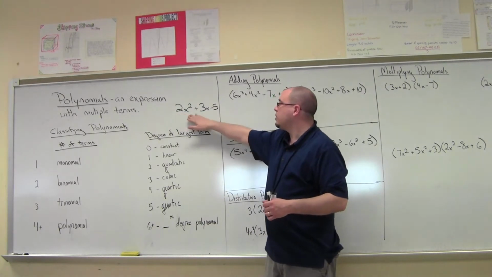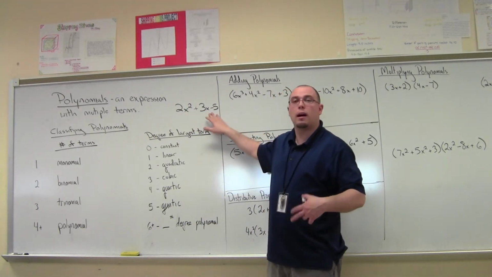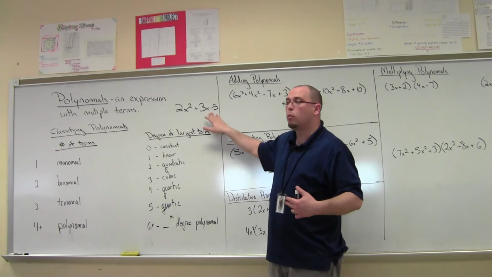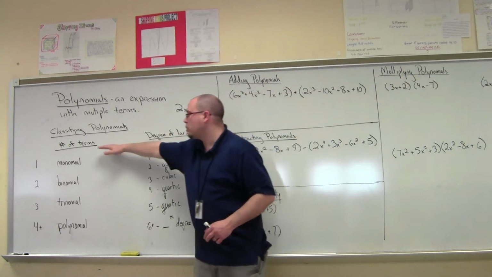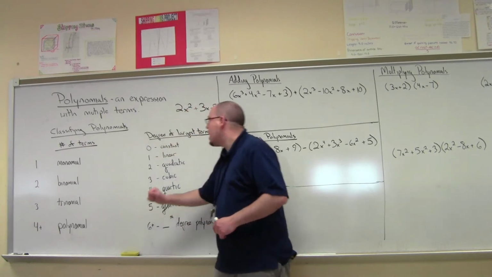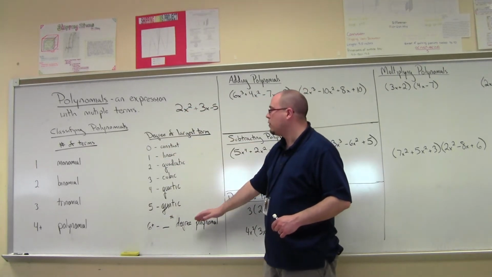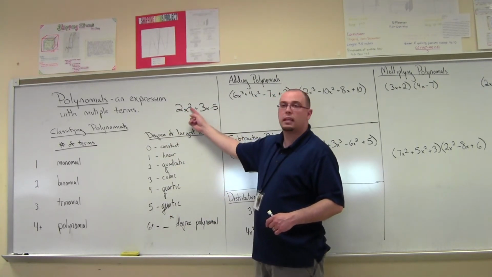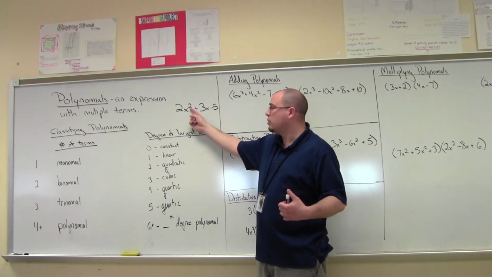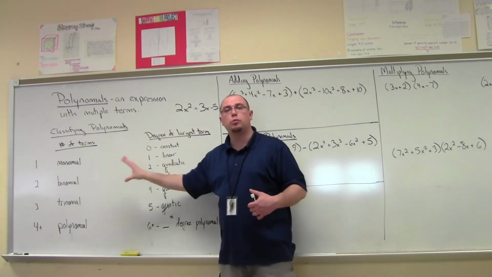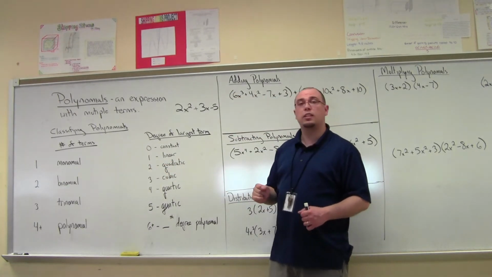So just to give you an example, this right here we would call a polynomial in general, but more specifically we can name it another way. Depending on the number of terms a polynomial has, and the degree of the largest term, and when I say degree I mean how big the exponent is of the largest term, we can actually give 2 specific names to each polynomial.